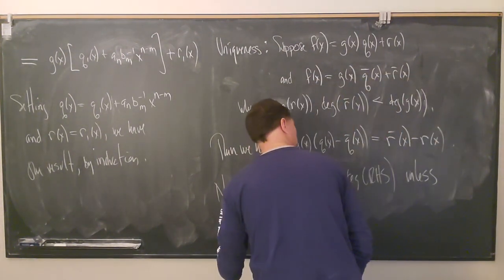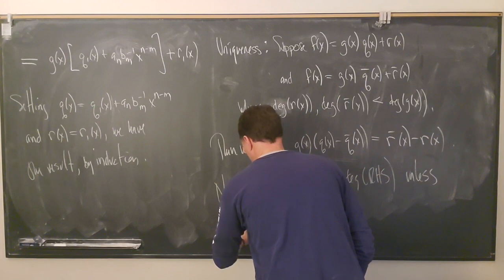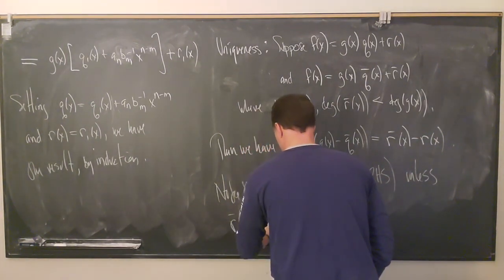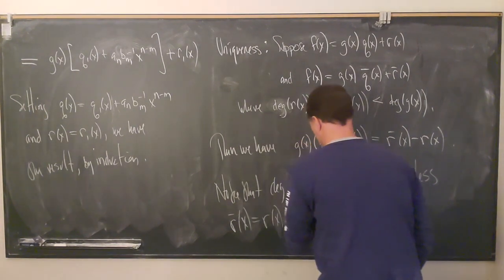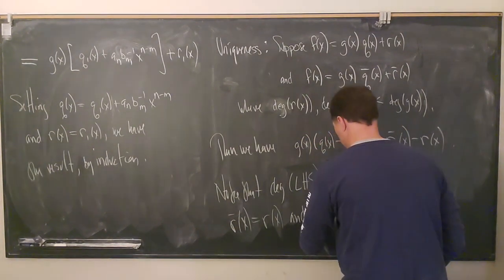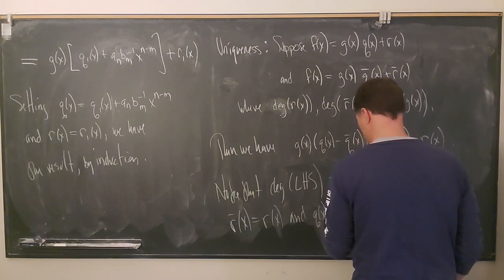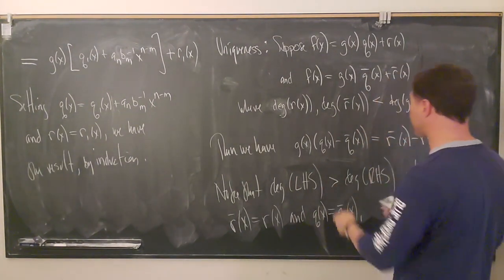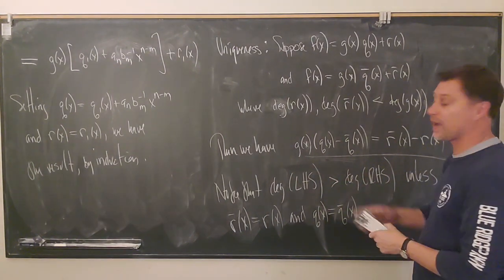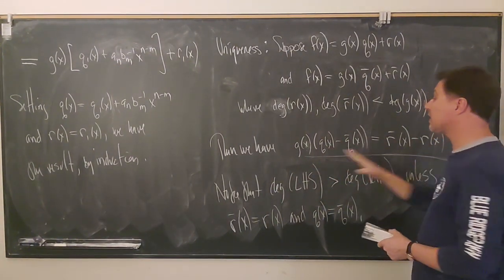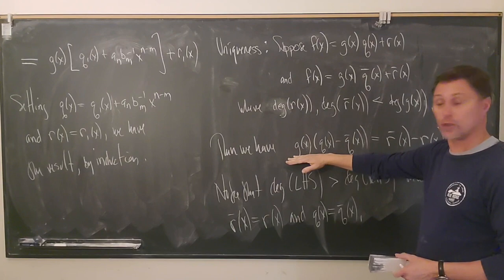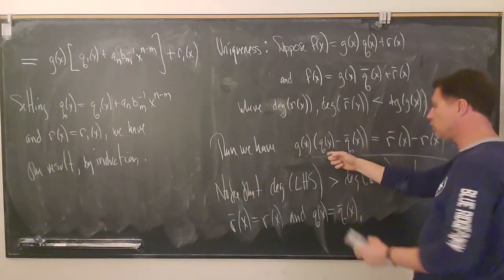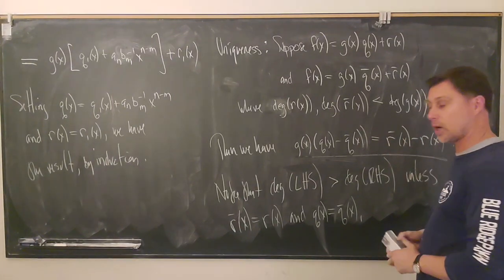So unless r bar of x is equal to r of x and q of x is equal to q bar of x. The only way for this equation to make sense is if we have 0 on both sides. Since g of x is non-zero and we're in an integral domain, that forces this part to be 0. So q is equal to q bar and r is equal to r bar.